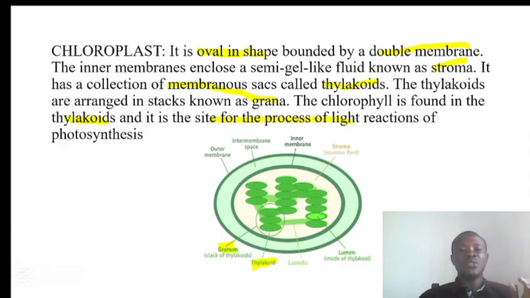So the light reaction stage of photosynthesis occurs within the thylakoid of the chloroplast, while the dark reaction stage of photosynthesis occurs within the stroma of the chloroplast.